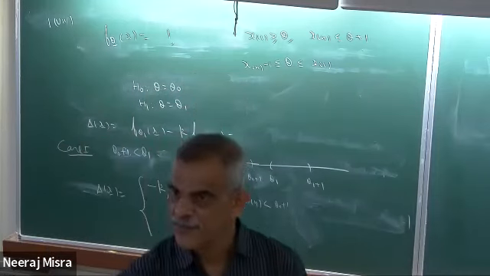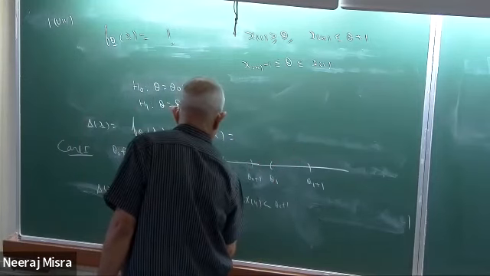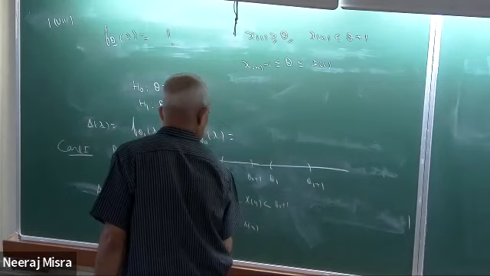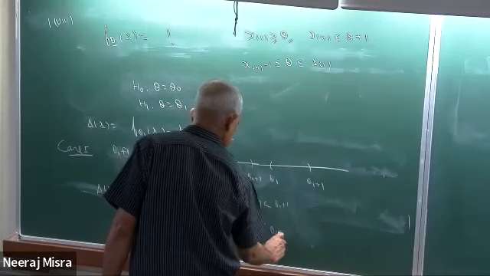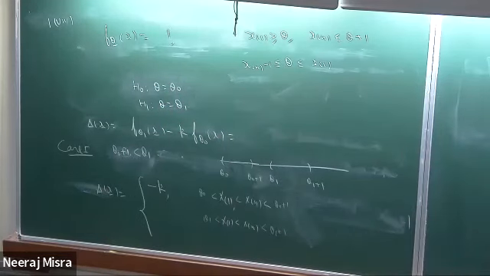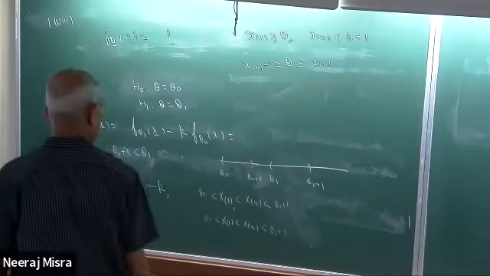And if x1 and xn are both over here, then this is k.